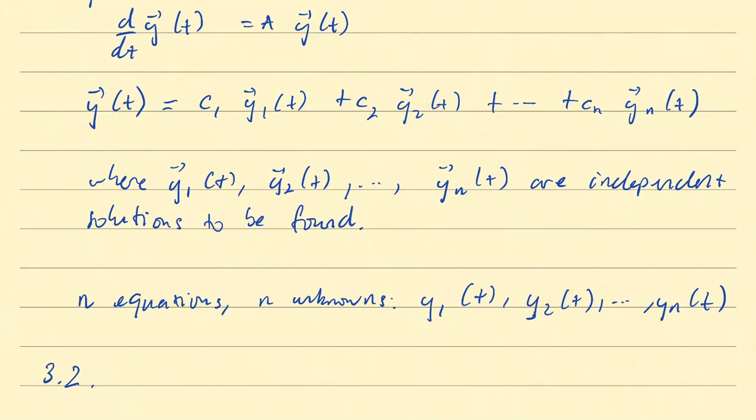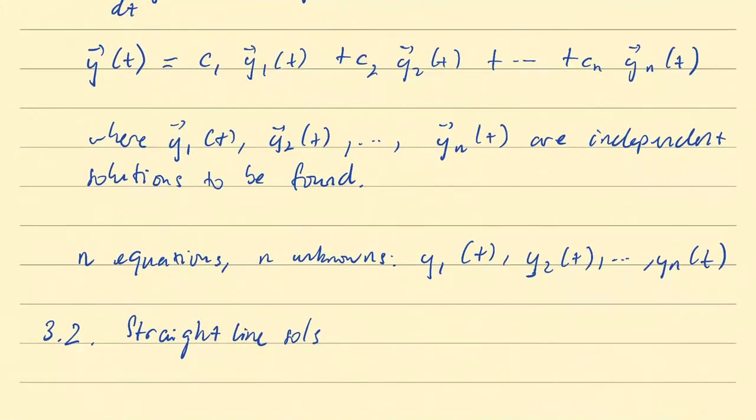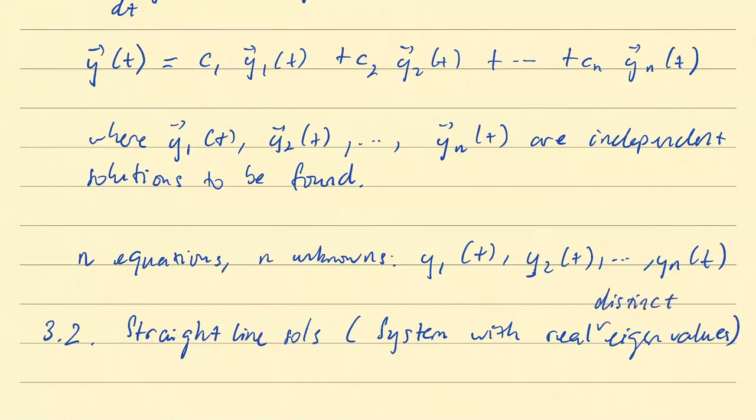So 3.2 is what they call straight line solutions, or I like to call this systems with real distinct eigenvalues.